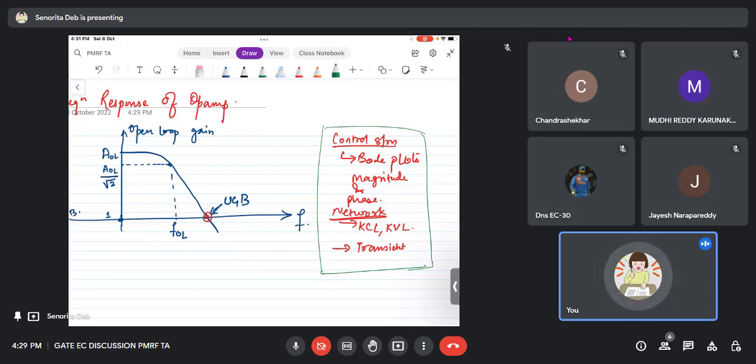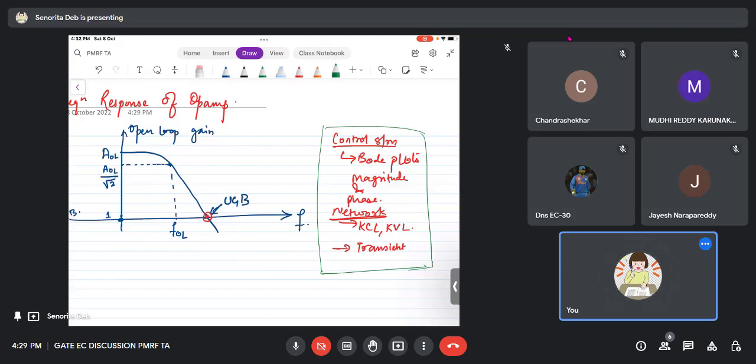That is why I always say that before starting analog electronics and electronic devices, you should be well versed with networks, signals, and control. Then you go to analog, and then to digital. Digital is anyways not dependent on this. Only after these three subjects should you start analog electronics.